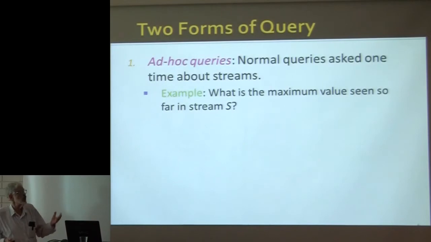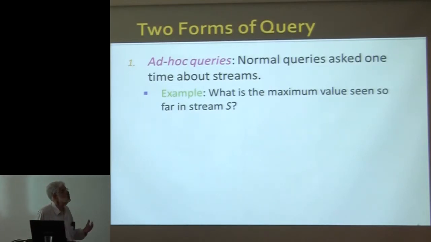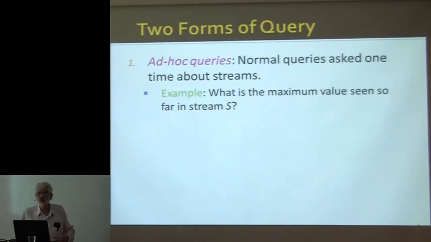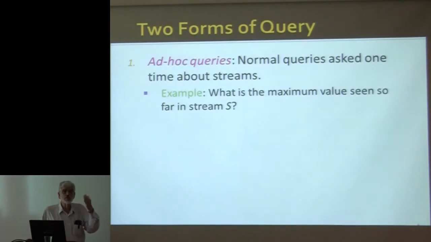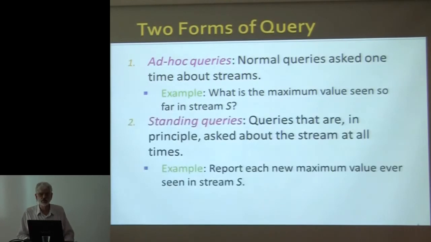At any given time, I might want to ask, what is the maximum value that I've seen so far on this stream? That's fairly easy to answer. What it means is I have to keep the maximum value stored separately, and that's only one value. It's a couple of bytes. Obviously, every time a stream element occurs, I need to update it, but that's probably okay. So I can probably do that.